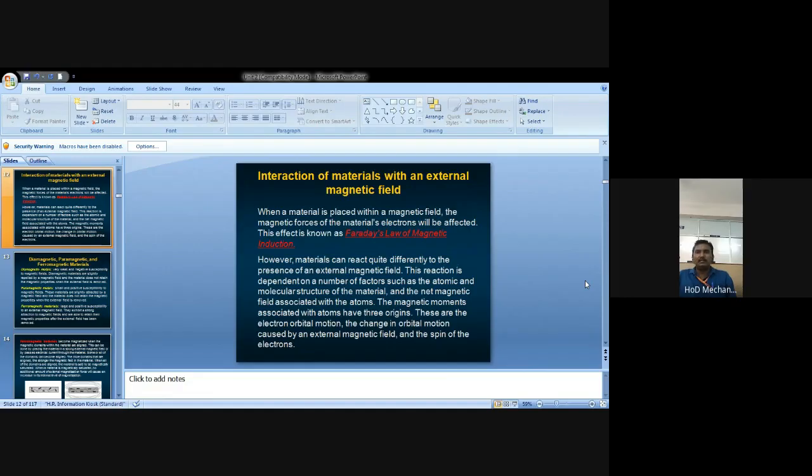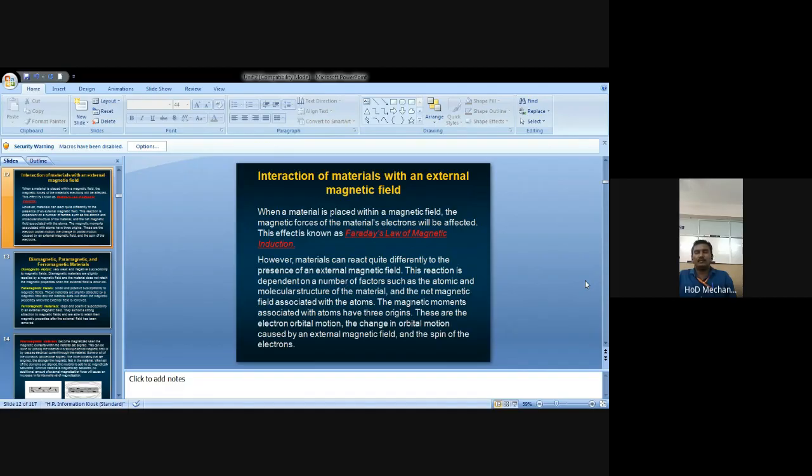The magnetic moment associated with the atoms has three origins. We already discussed what is meant by orbital. The electron is located among the orbitals and suborbitals.